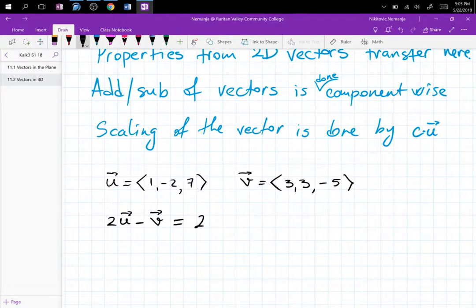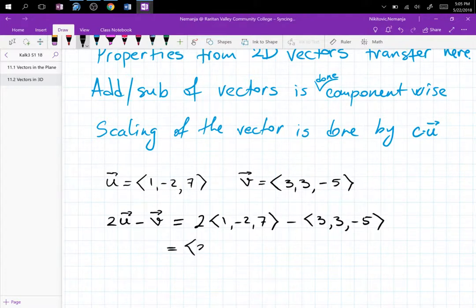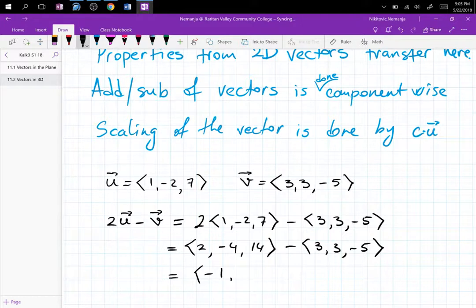Right, so we have 2 times the vector 1, negative 2, 7, minus the vector 3, 3, negative 5. When we scale the first vector, we get 2, negative 4, 14, minus the vector 3, 3, negative 5. So 2 minus 3 is negative 1.